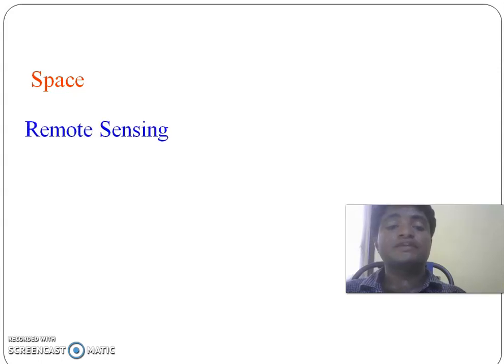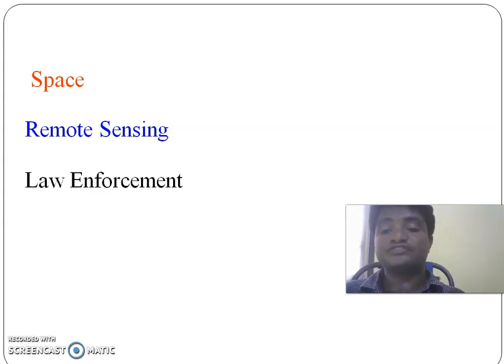The next application is remote sensing. These radars are used for weather forecasting and for identification of geophysical objects. The next application is law enforcement. The radars can be used by the highway police to detect the speed of automobiles.